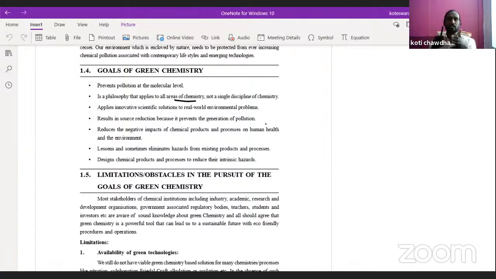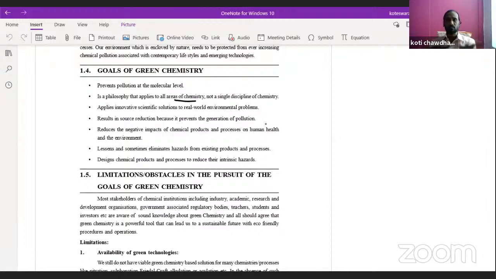Next, the third one: reduce the negative impact of chemical products and processes on human health and the environment. We have seen several chemical accidents. Chemical accidents or chemical pollutions are generated from industry or from somewhere else. All these affect the environment, human health, and sometimes animal husbandry also.